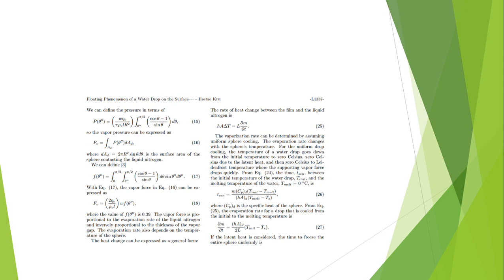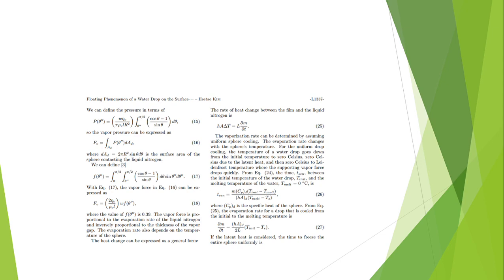The vaporization rate can be determined by assuming uniform sphere cooling. The evaporation rate changes with the sphere temperature for uniform drop cooling. The temperature of the water drop goes down from the initial temperature to 0 degrees Celsius due to the latent heat.